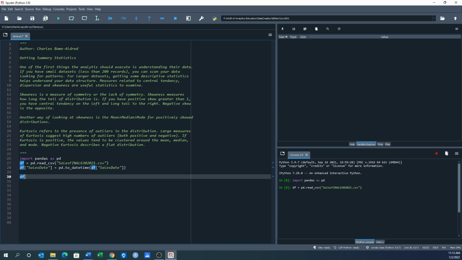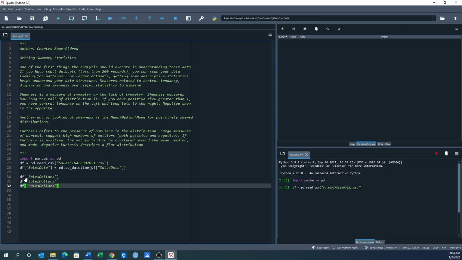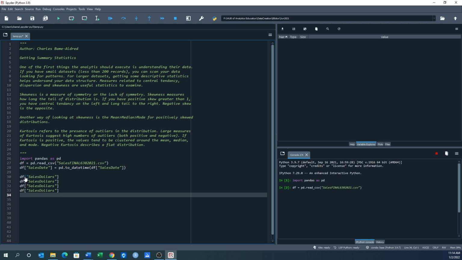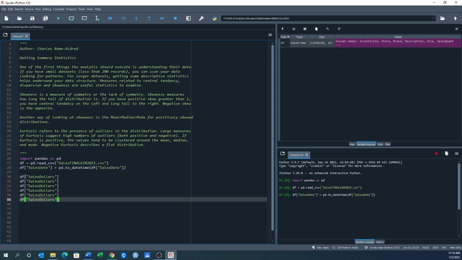So we're going to put in a bracket, and in quotation marks, sales dollars. I'm going to do this for all of these measures, so I'm just going to copy this a few times, so I can do a variety of different measures.